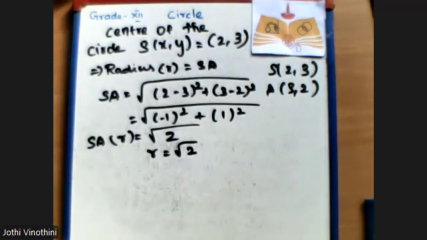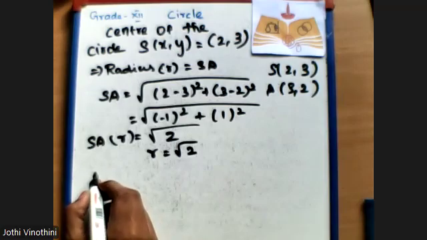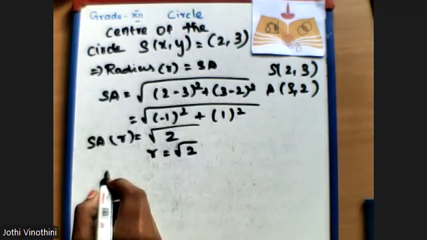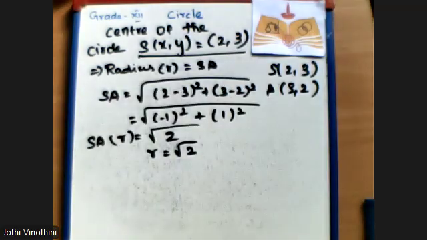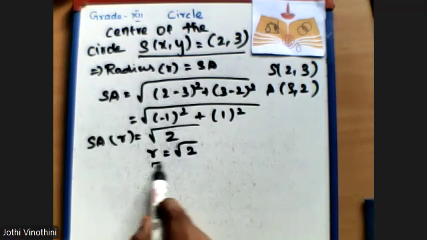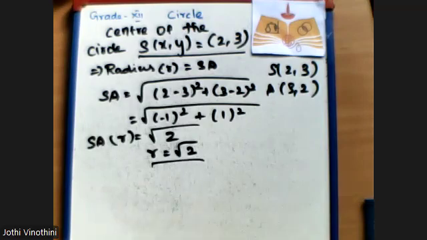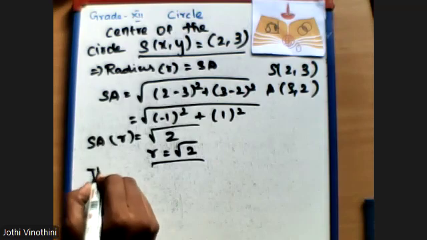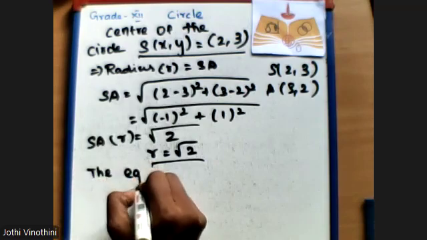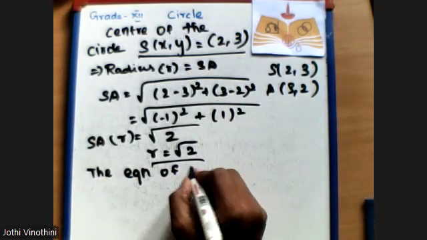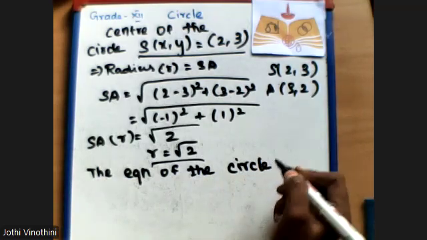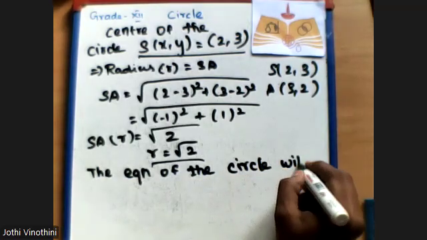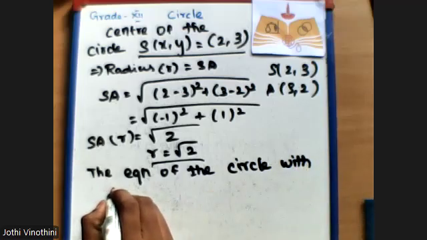So what do we have now? We have the center, which is 2, 3, and we have the radius now, which is root 2. Super. So we all know the equation of a circle formula.